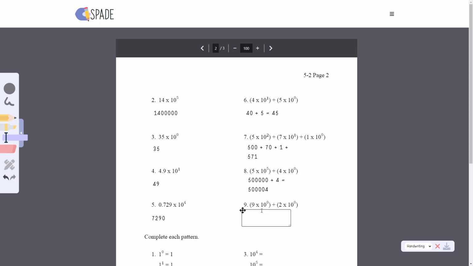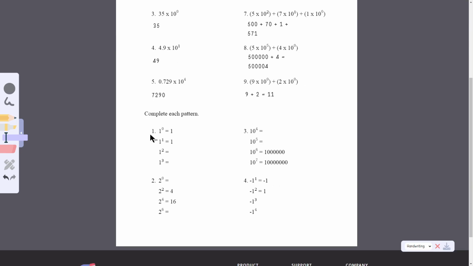Lastly, 9 times 10 to the 0th power, 9, plus 2 times 10 to the 0th power, 2, is equal to 11.